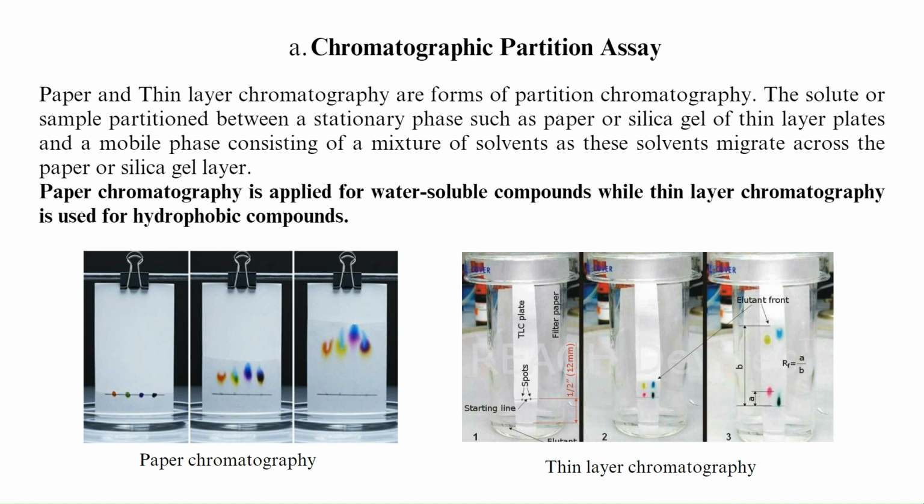Paper and thin layer chromatography are forms of partition chromatography. The solute or sample is partitioned between a stationary phase, such as paper or silica gel of thin layer plates, and a mobile phase consisting of a mixture of solvents as these solvents migrate across the paper or silica gel layer. Paper chromatography is applied for water-soluble compounds, while thin layer chromatography is used for hydrophobic compounds.